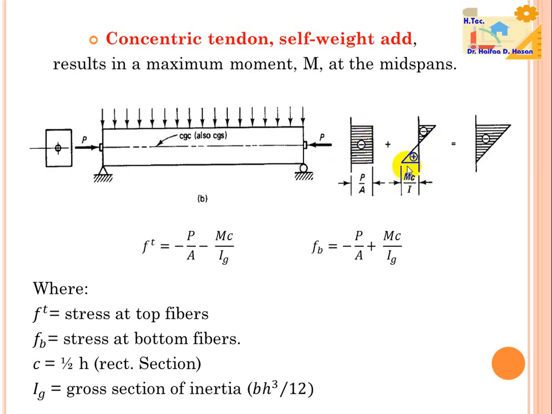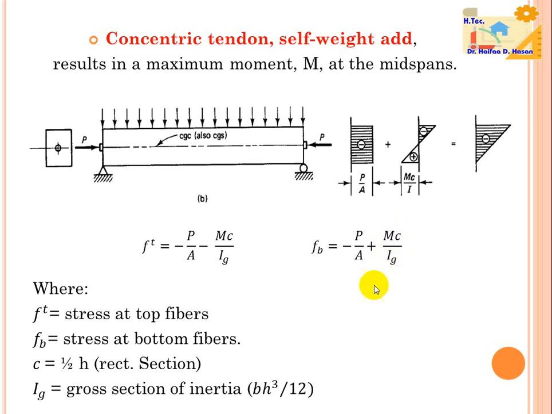Summing the two stresses, we calculate the final stresses that appear in this figure. The stress at the top fiber equals negative P over A plus negative MC over I gross, and the stress in the bottom fiber equals negative P over A due to compression, plus MC over I gross due to tension.